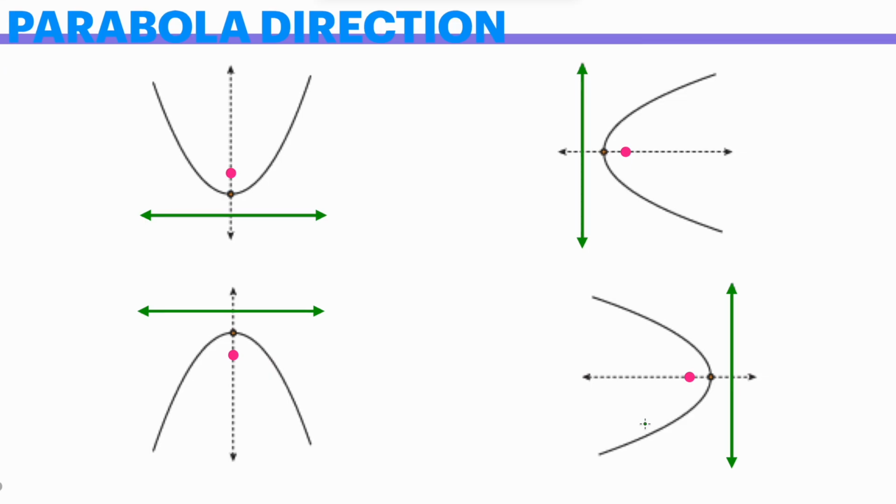There are 4 directions that a parabola can face. It can either open upward, in which the focus is inside the parabola and the directrix is below it. It can open downward, it can open to the right, and it can open to the left.